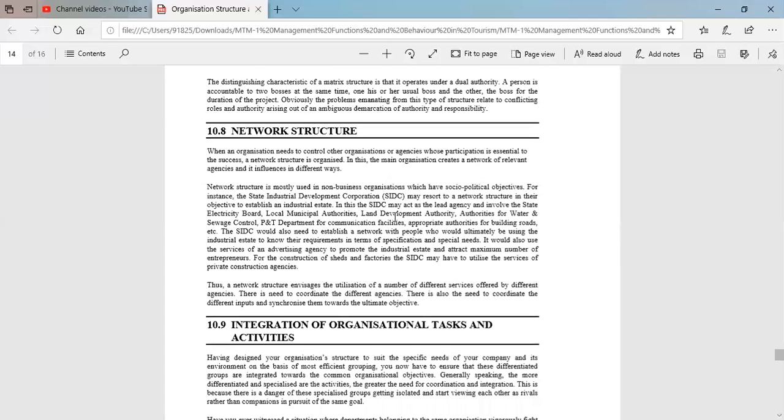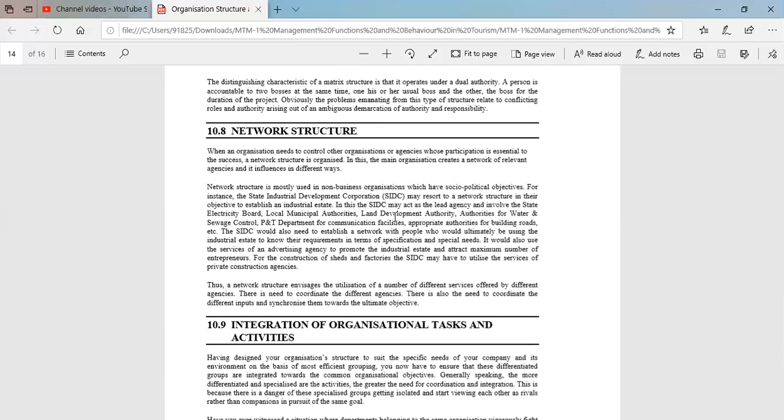And network structure. Network structure is like, as you know, networking. Networking means one person connected to the other, so it is basically in a line. It is not used in private organizations, but in governmental ones. Why?